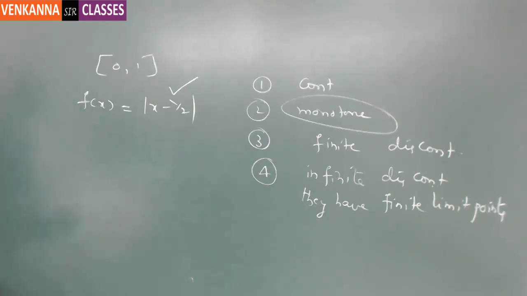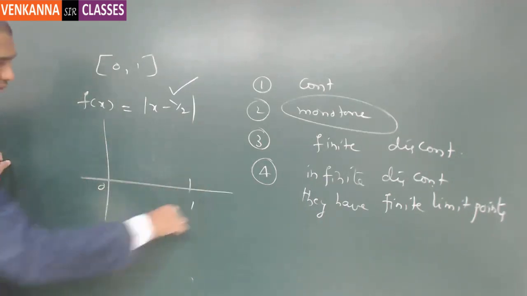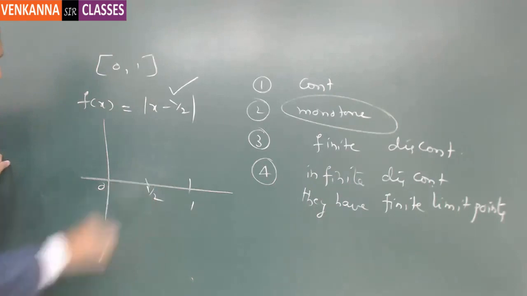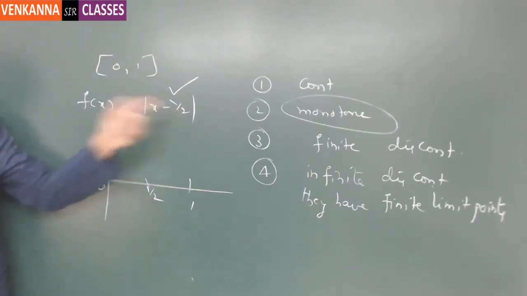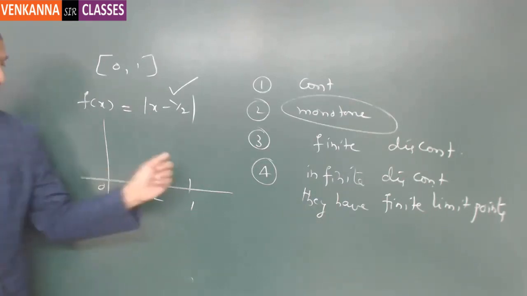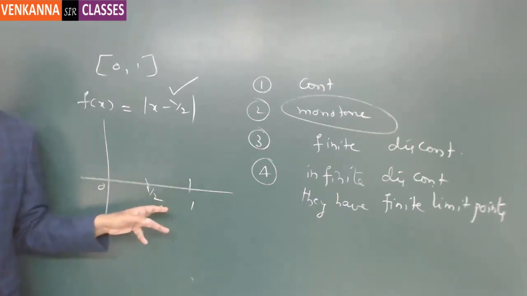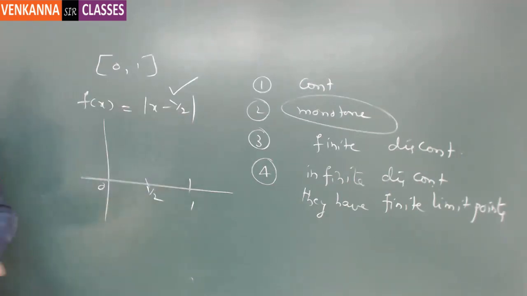If you draw the graph, from 0 to 1/2, the graph of |x - 1/2| will be decreasing. If you take x values from 1/2 to 1, it will be increasing.